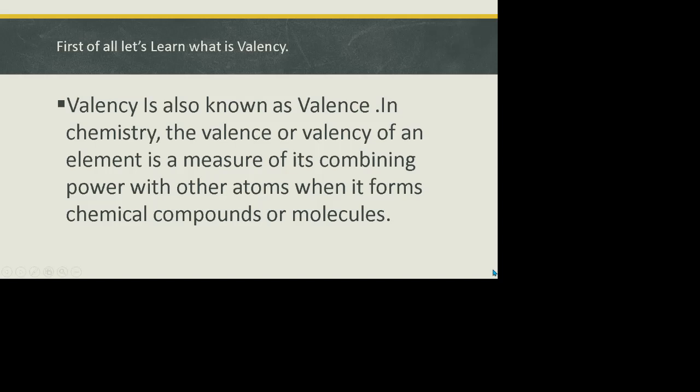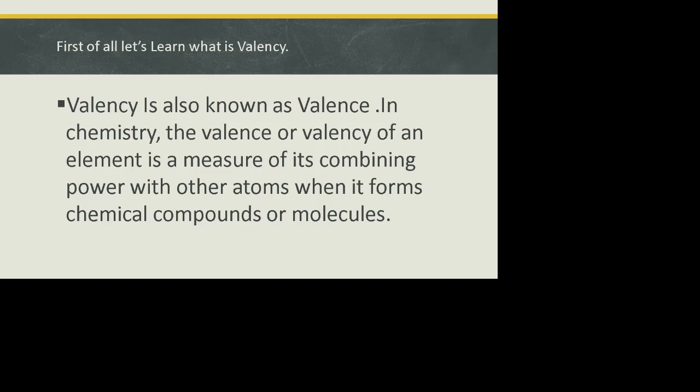So to fulfill the K shell, hydrogen needs 1 electron from other elements. The important thing is that to fulfill this shell, hydrogen needs 1 more electron. The number of electrons needed by hydrogen is 1. That's why the valency of that particular element is 1.